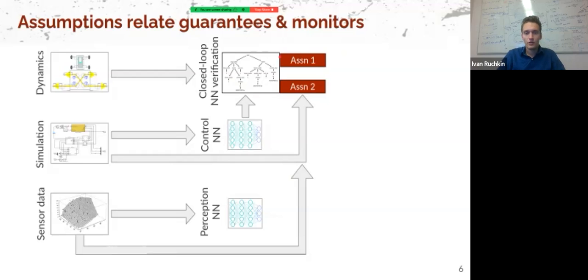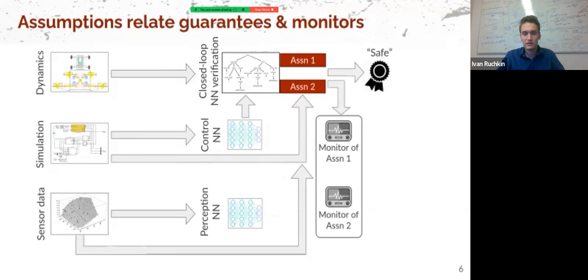For example, you can encode assumptions about what the obstacles would do from the simulator, or an assumption on the upper limits of the sensing errors from the sensing data. And then under these assumptions, we will try to verify the system and hopefully get the safety verdict. Now we can generate the monitors for the assumptions themselves, and the monitors will tell us at runtime how valid the assumptions are. This has a couple of advantages.